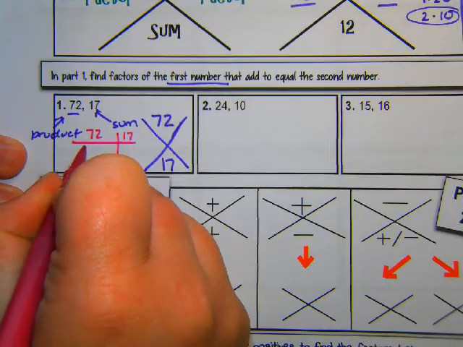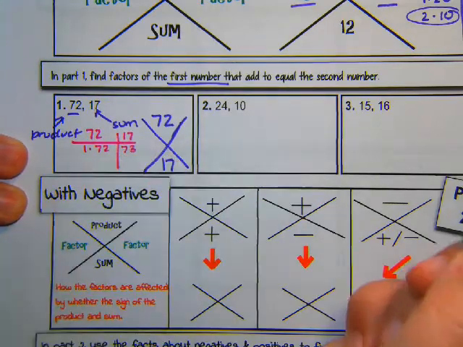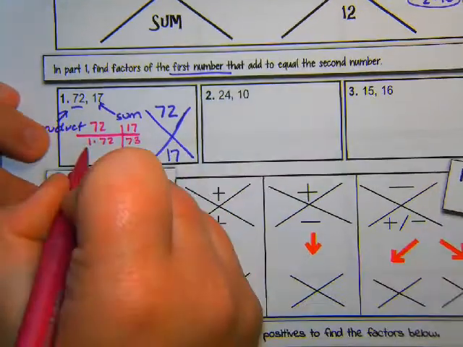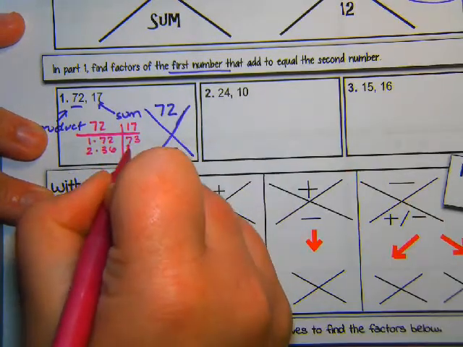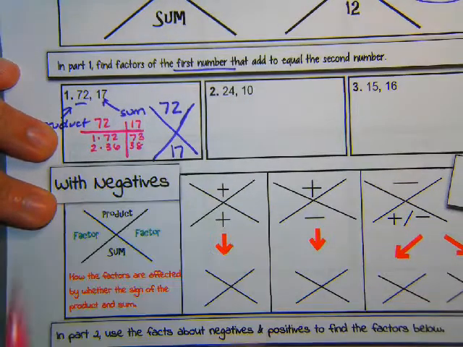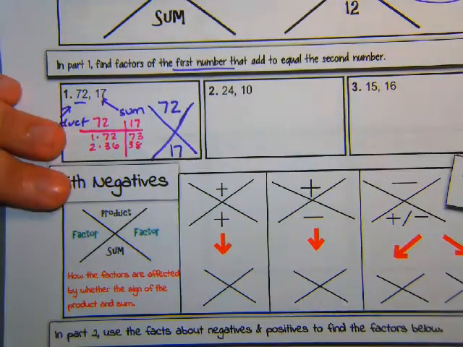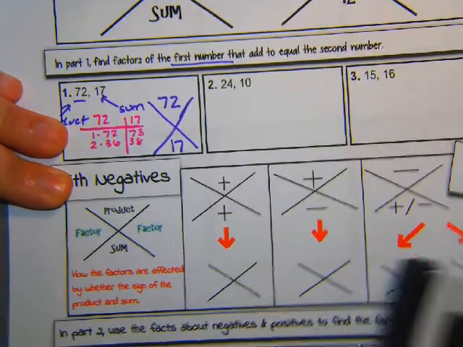So again, firstly, 1 times 72. Well, when I add those, I get 73. Not so great. Then I can do 2 times 36. When I add those, I get 38. Still not 17. I believe that this is divisible by 3. I'm going to use my calculator to check real quick. 72 divided by 3 is 24.